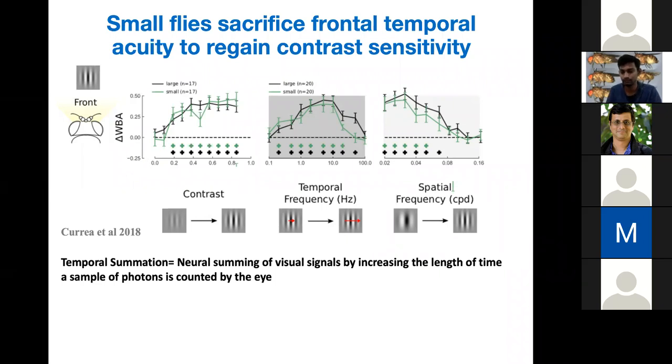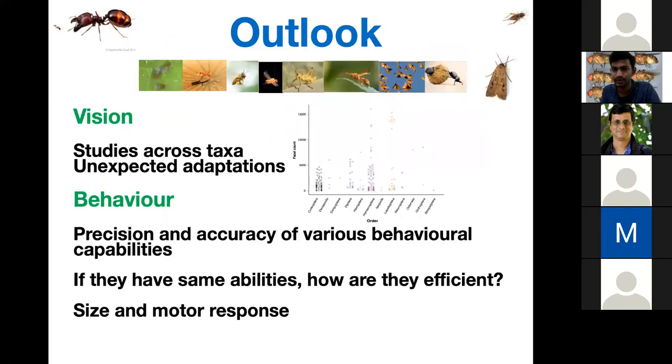You have Apis mellifera and Apis florea, which are so different in their sizes, but they still forage, they still remember, and at least very loosely seem to follow similar rules. So has this been looked at deeply? How do they compare?